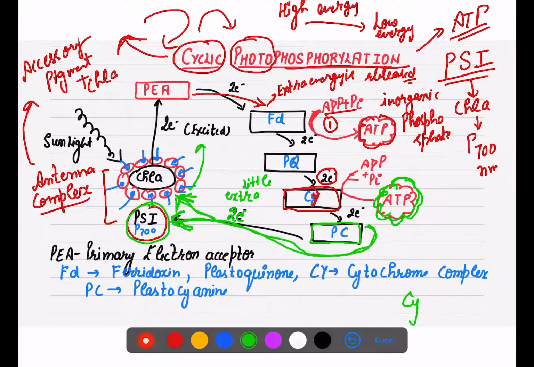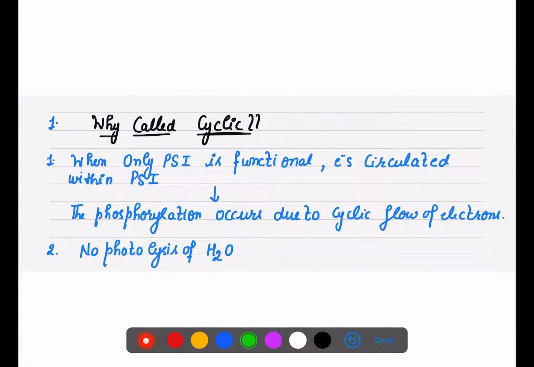So that is why this cycle of flow of electrons is known as cyclic photophosphorylation. So now what you have to write down in your exam: first, why it is called cyclic. That is the first key point for you: only one pigment photosystem is functional here. Which one? That is photosystem 1.